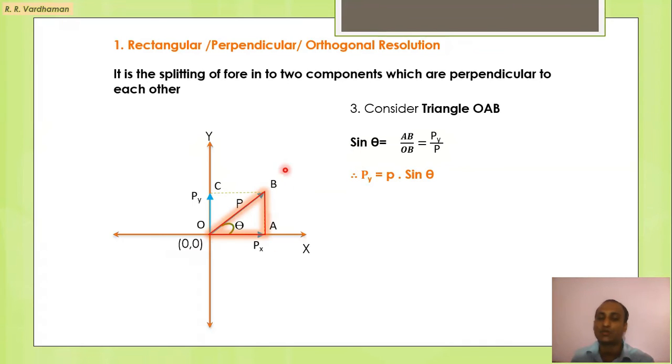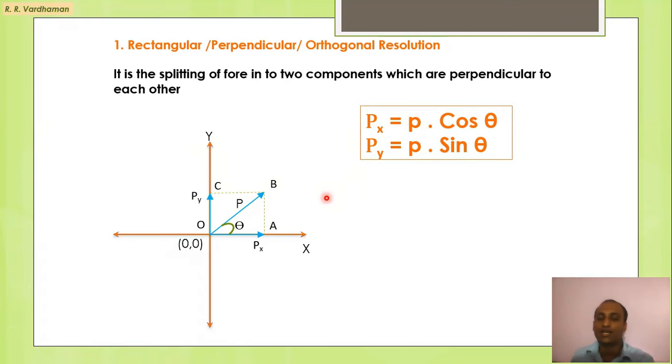So sin theta is the ratio of opposite side to the hypotenuse, and it is Py by P, and hence we can get the value of Py as P sin theta. Now we know that if the angle is made with the x-axis, then the x component will be cos theta and the other component will be sin theta. And vice versa, if the angle is made with respect to the y-axis, then the y component will be cos theta and the other component will be sin theta.